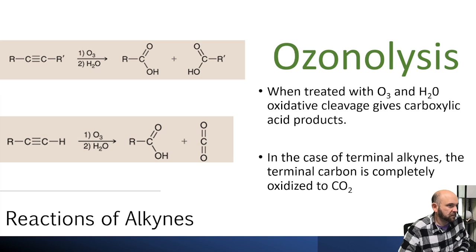You get one double bonded oxygen and one single bonded oxygen, and that oxygen has a negative charge until you treat it with water to reprotonate it, and you get carboxylic acid products.